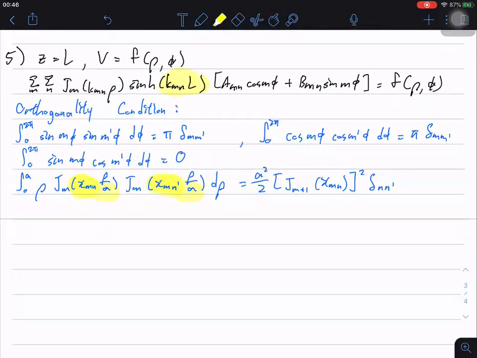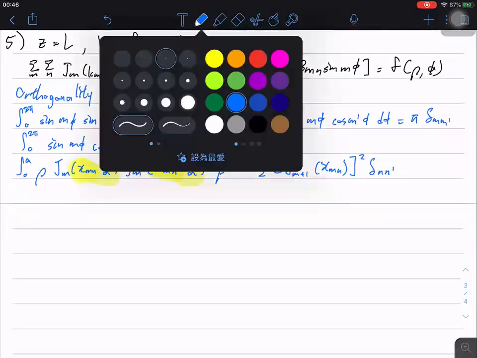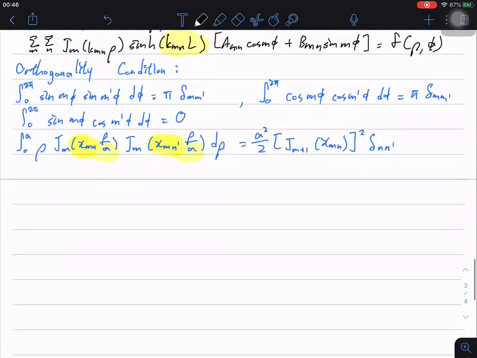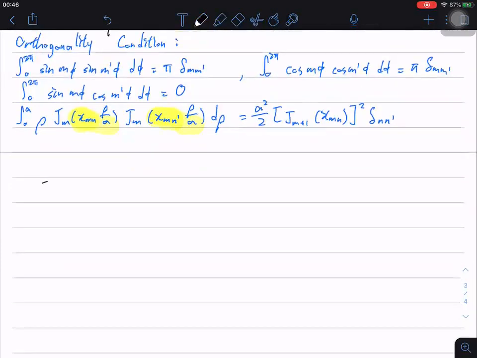So in order to find the coefficient, first of all, let me copy the whole solution we have obtained.